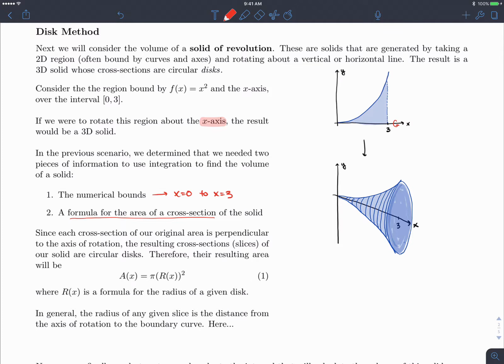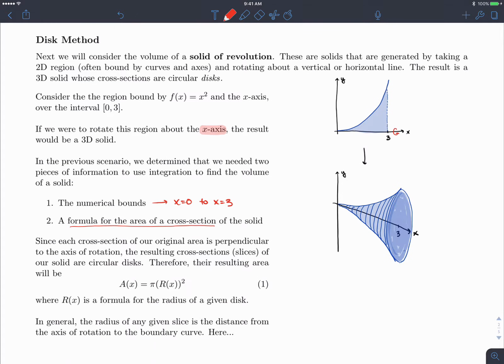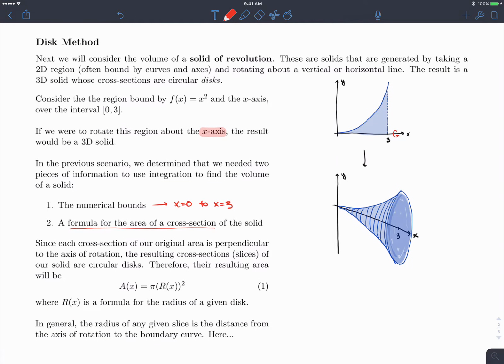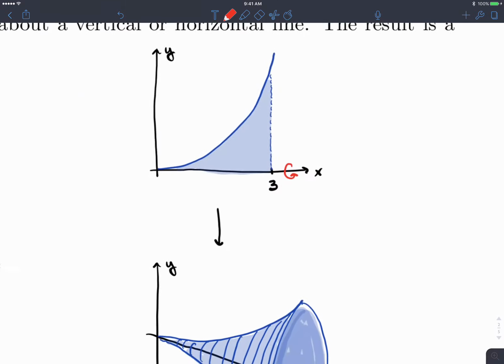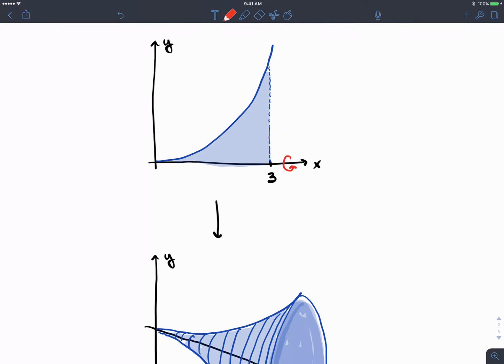When we're working through these problems, I would highly encourage you to very specifically draw out this cross section. It makes it a little bit easier to trace if we go back to the original problem. So I'm going to go into this area that we had, and I'm going to draw a little cross section. So here's one of the rectangles, you can think about it, that gets rotated around the x-axis.